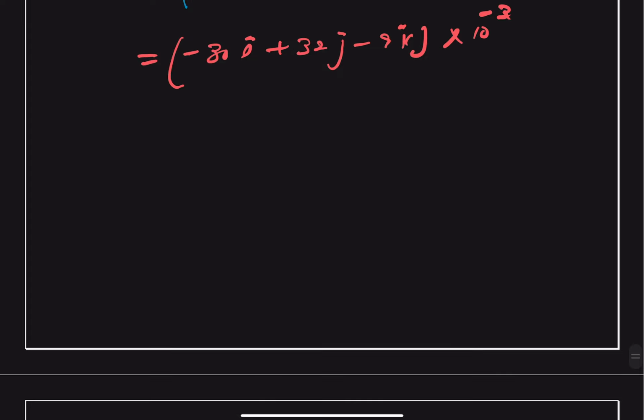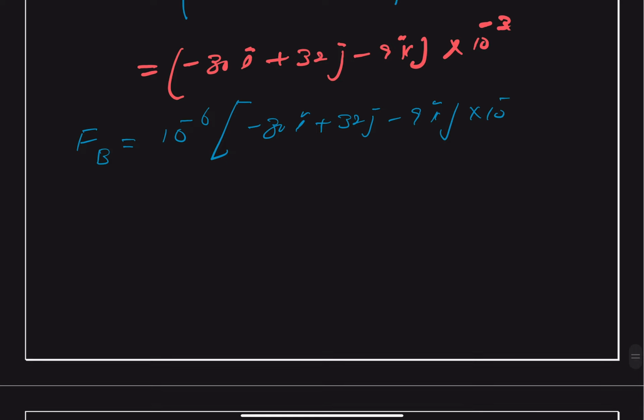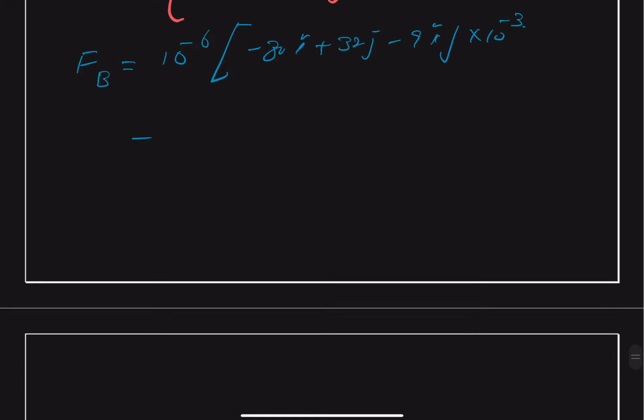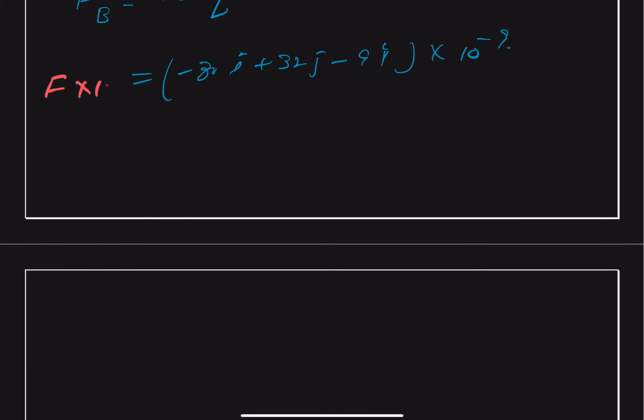Now we simply have to multiply it by the charge. So F magnetic will be equal to 10 to the power minus 6 times minus 30i plus 32j minus 9k times 10 to the power minus 3. And this gives us minus 30i plus 32j minus 9k multiplied by 10 to the power minus 9. And we are also given that this is F times 10 to the power minus 9.